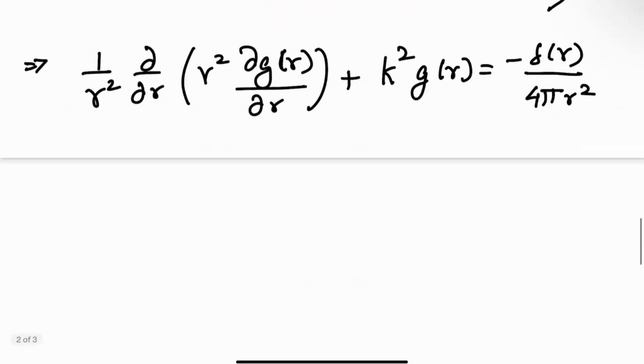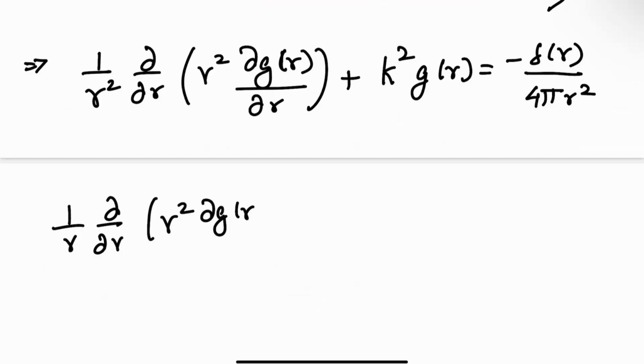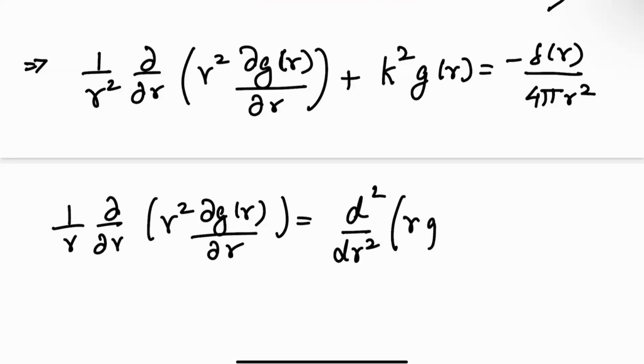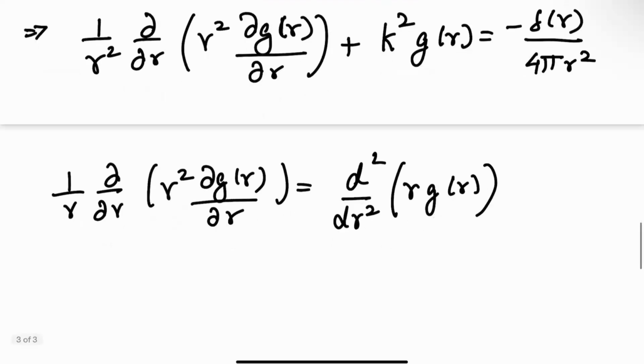And now what we can do is essentially multiply with r on both sides, and you can show that 1 over r d over dr, r squared dg of r over dr is equal to d square over dr square of r g of r. And you can expand both sides using the chain rule, and you can see that.